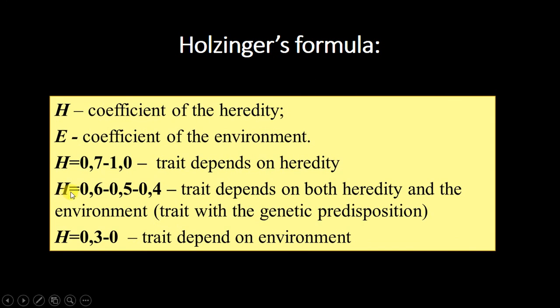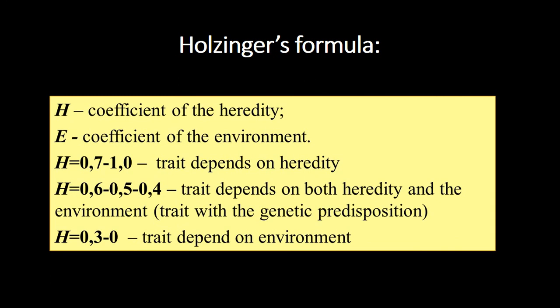If the coefficient H is equal to 0.6, 0.5, 0.4, the trait depends on both heredity and the environment, or in other words, we say a trait with a genetic predisposition. Many different diseases have a genetic predisposition, for example, schizophrenia, hypertension, ischemic heart disease, and others.